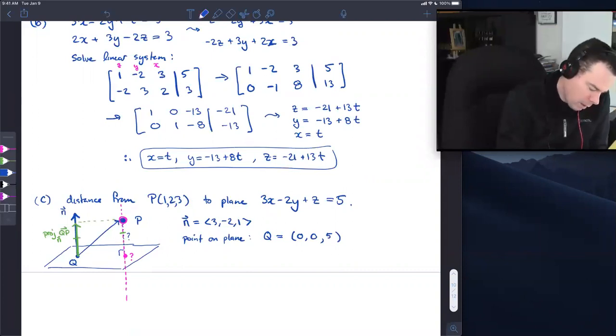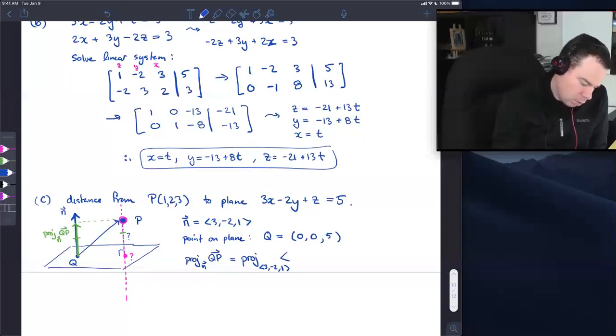And now I do the projection of the vector QP onto the normal vector. And so that projection is, maybe I should write down what QP is. We are doing the projection onto the normal vector of the vector QP.